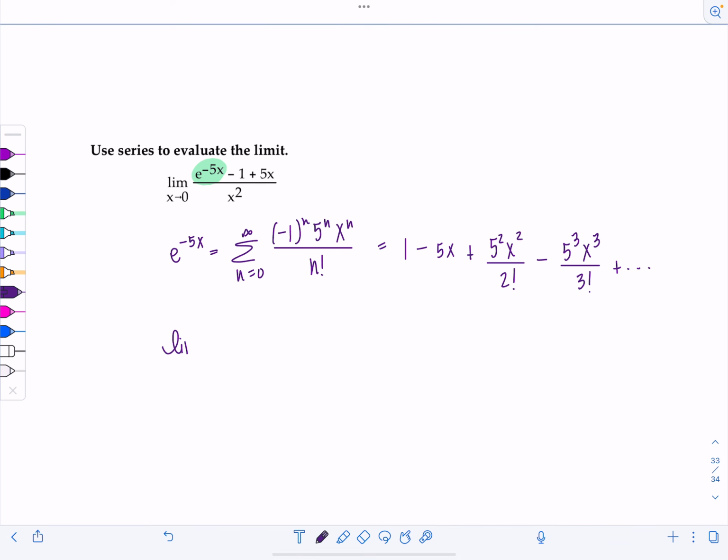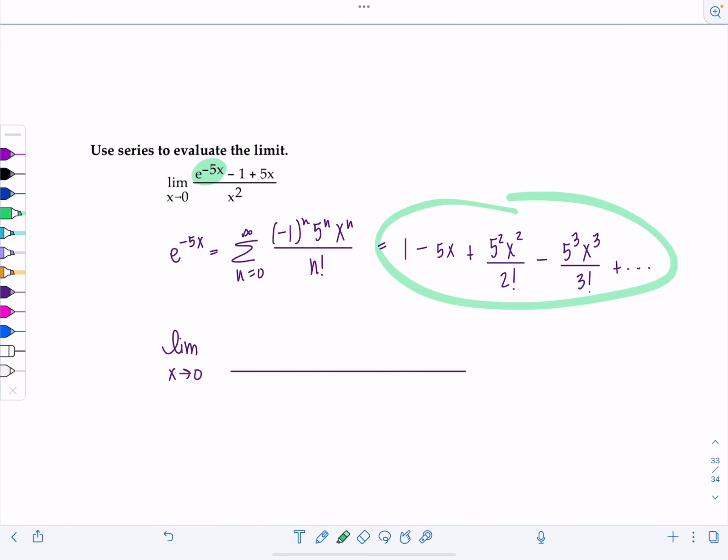So now let's plop that into the numerator of our limit. Instead of writing e to the negative 5x, I'm going to write all of this with the dot, dot, dot: 1 minus 5x plus 5 squared x squared over 2 factorial minus 5 cubed x cubed over 3 factorial plus blah, blah, blah.